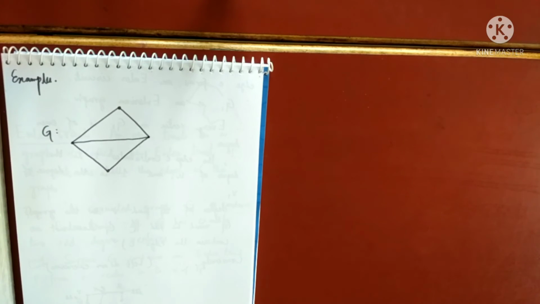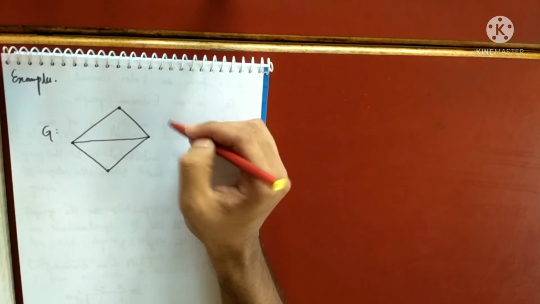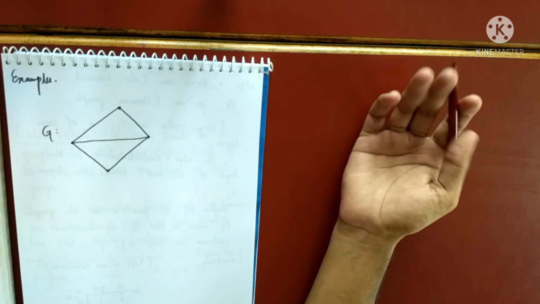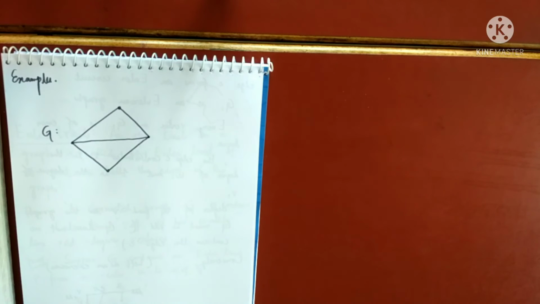I'm talking about Eulerian, okay? Is this G Eulerian? Anyone who can tell me the answer? No. Very good, Rajiv. Rajkamal, not yes. I'm talking about an Eulerian graph.